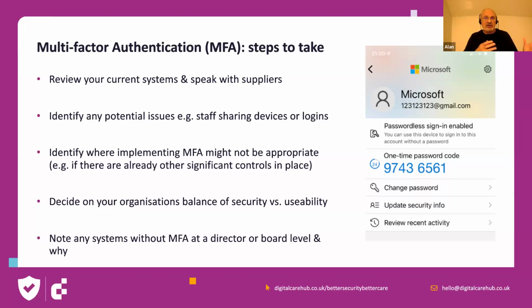So that could be staff sharing devices, logins, etc. And then you may want to identify where MFA isn't the appropriate response, so if you've already got other significant controls in place, and then decide on your organization's response to this. What is the most appropriate response? We want the systems to be usable. We don't want people to stop using them, but at the same time, we need to make sure that we hold on to the data and information that we hold.